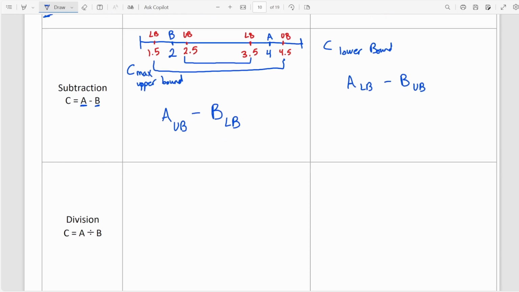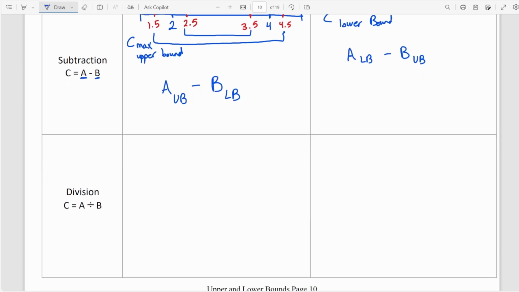Now, what about division? Well, so with division, I'm going to write it down firstly as A over B, okay? Now, as you remember, on this side, we want to get the maximum of C, so C max, or the upper bound of C, right?